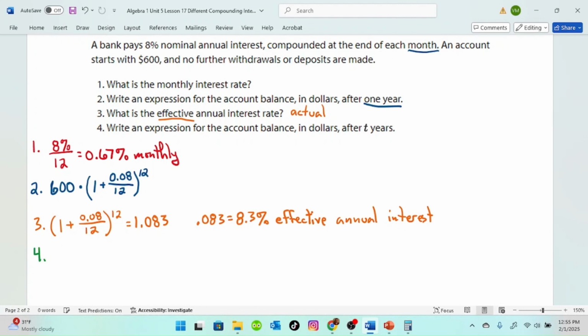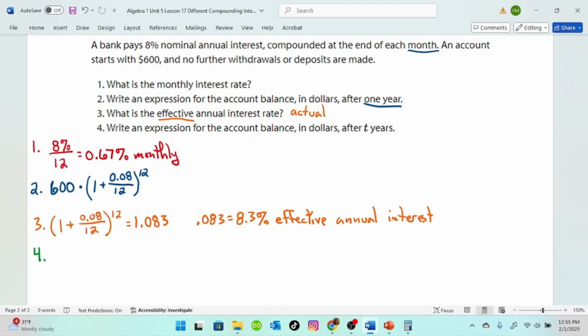And number 4, write an expression for the account balance in dollars after T years. Well, the only thing we need to change from number 2 is that instead of the exponent being 12, 12 represented 12 months in 1 year.